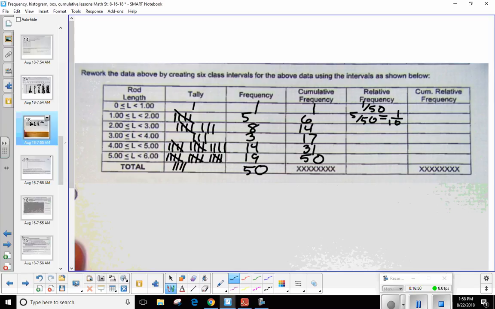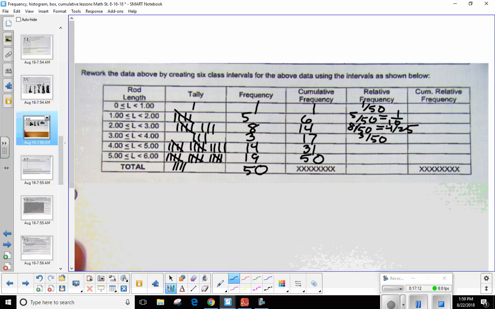Okay. Anyways, next up, what do we have for the next cell? 8/50ths. And what would that be? Okay. 4 what? 4/25ths. Then we got 3/50ths, which will not reduce.